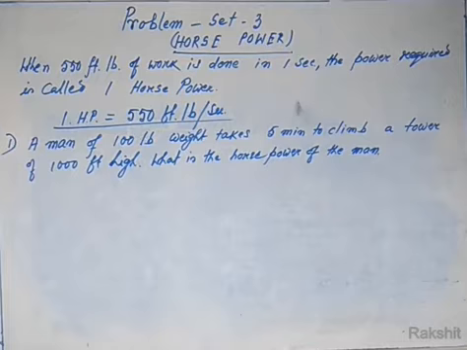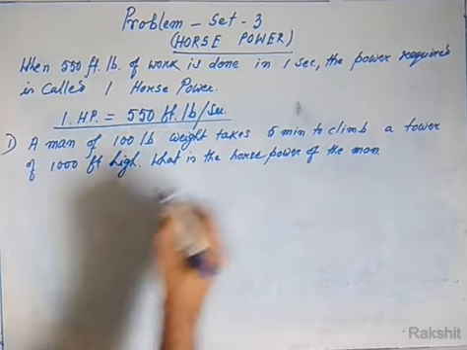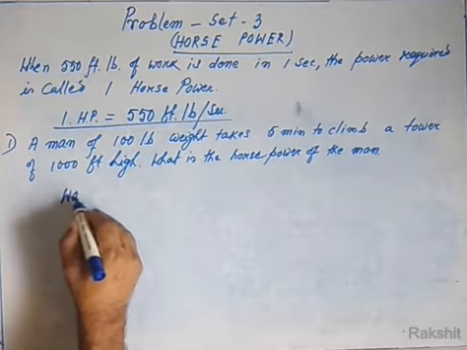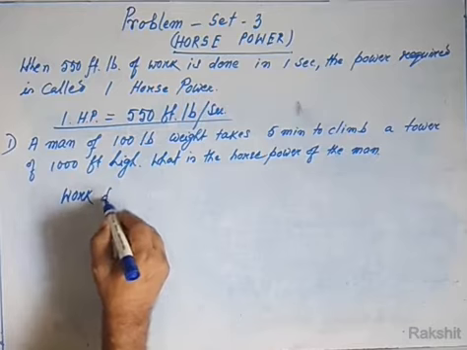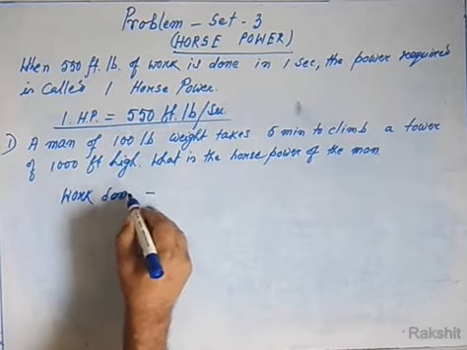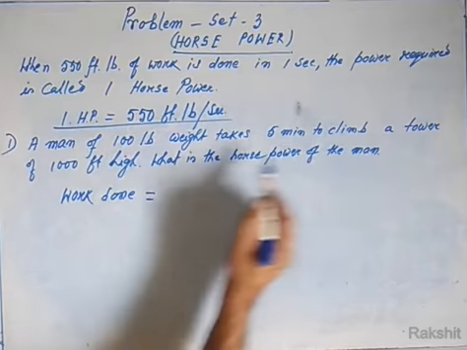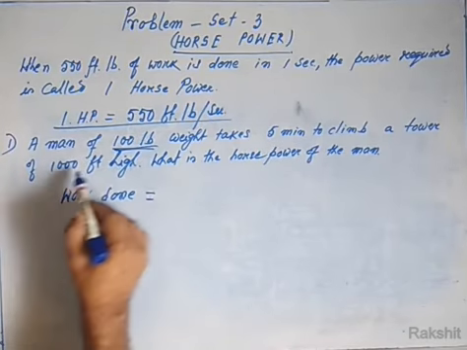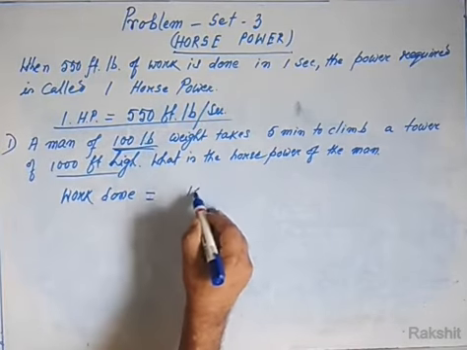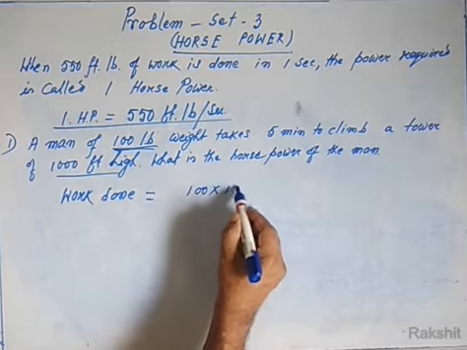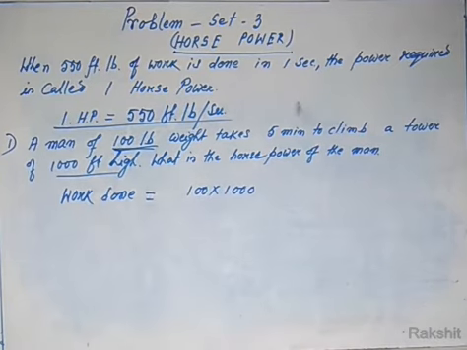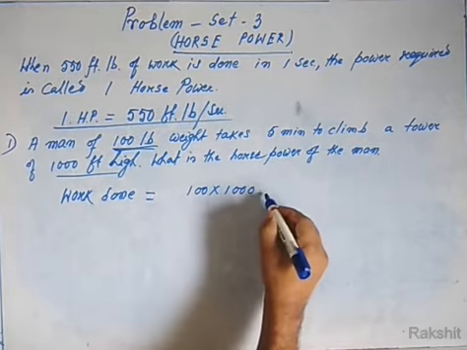Now, the work done is in foot-pound unit. Here, pound multiplied by foot: 100 into 1,000 foot-pound.